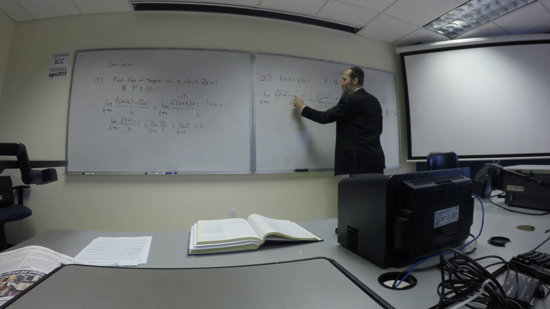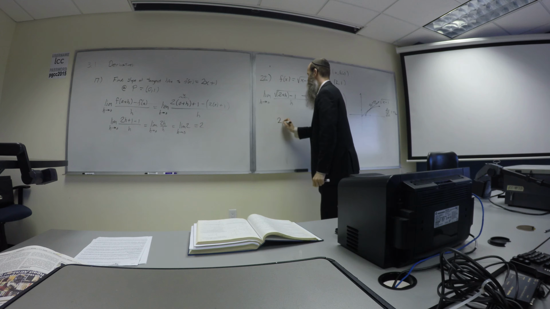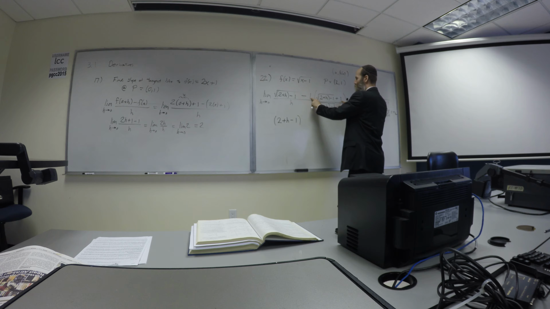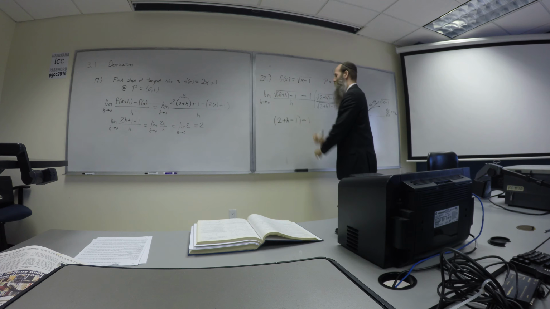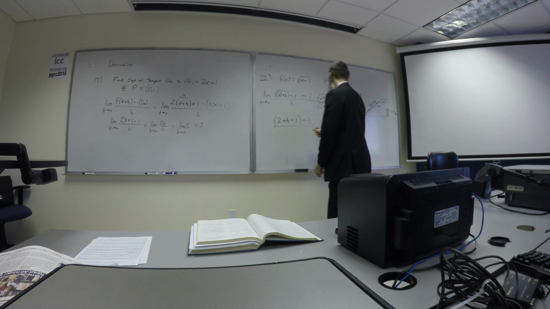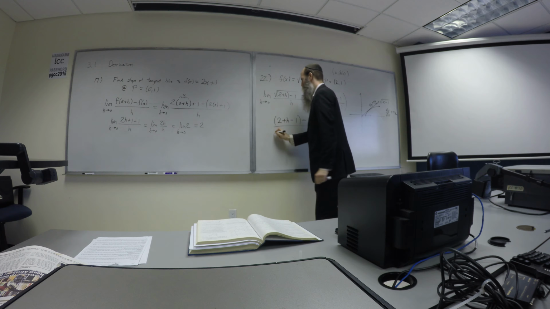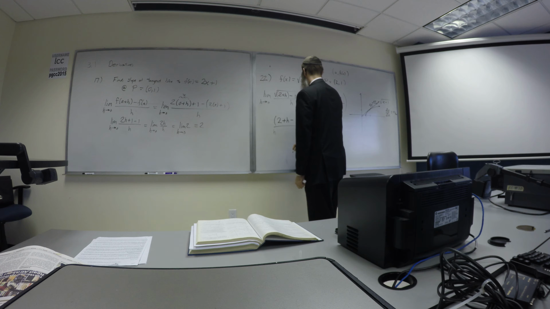So you have 2 plus h minus 1 on the inside, minus 1 squared, so minus 1. That takes care of the conjugate. On the bottom, we just write this next to the h in the denominator. So h, and then root 2 plus h minus 1 plus 1.